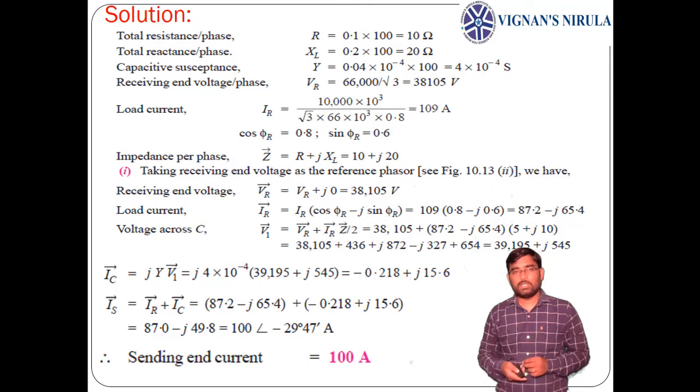IR is already calculated, IC is now calculated. By adding these two, Is gives 87 minus j 49.8 amperes, in polar form 100 at an angle minus 29.47 degrees amperes. So the sending end current will be 100 amperes if you take the magnitude.